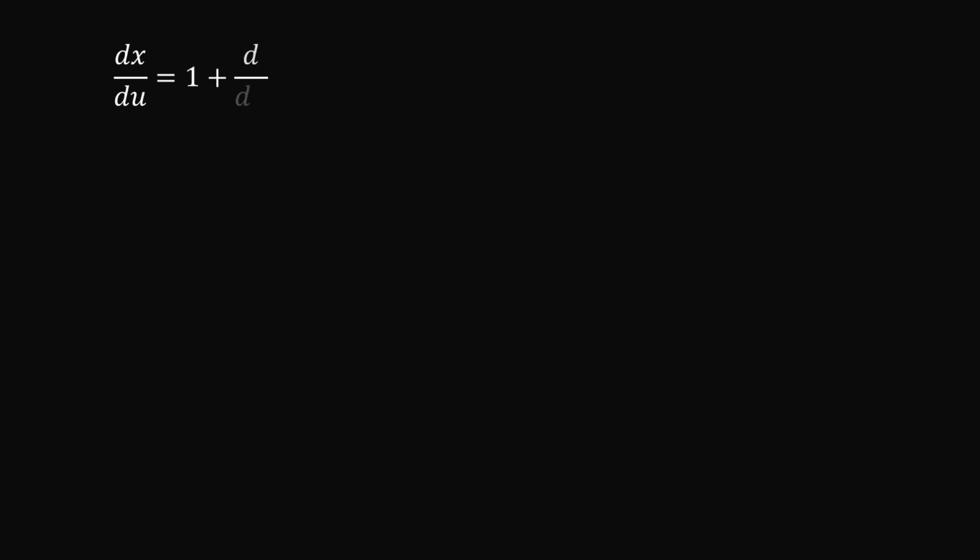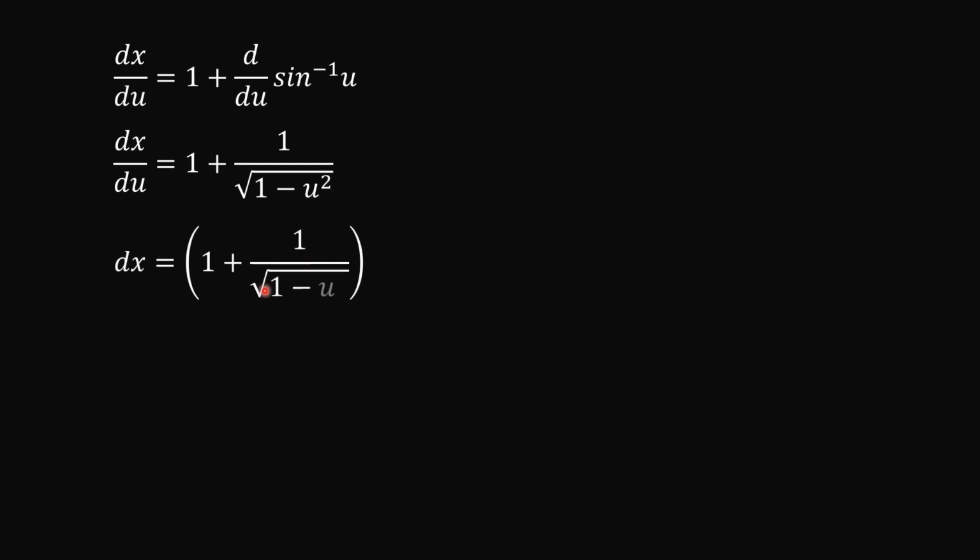So dx du is 1 plus 1 over the square root of 1 minus u squared, and therefore dx is, in brackets, 1 plus 1 over the square root of 1 minus u squared, du.